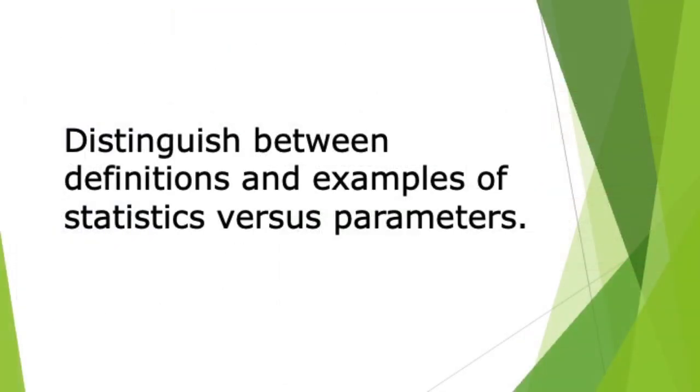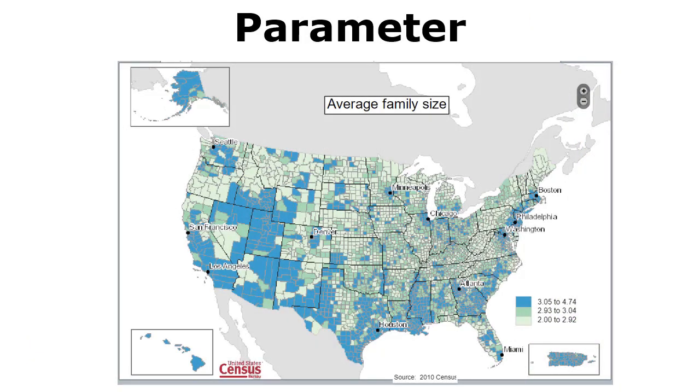Okay, so the first objective in this section has to do with your ability to distinguish between definitions and examples of statistics versus parameters. This is a very important statistical concept. So a parameter is a characteristic of an entire population. It is a numerical or graphic way to summarize data obtained from the population. So the picture on the screen is a picture from the U.S. Census, and it shows a distribution of average family size.